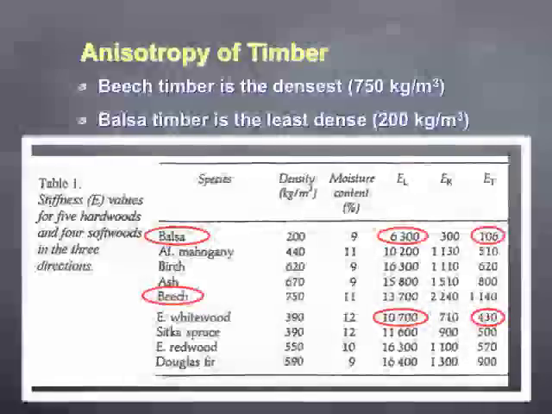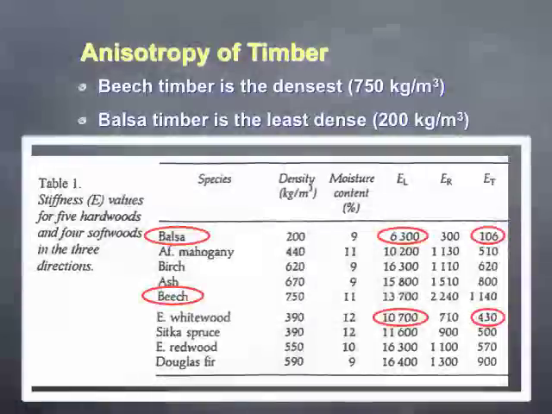Furthermore, you can also look at whitewood, which again has such a vast difference in its Young's modulus. So we can see that depending how we cut the timber can radically affect its properties.